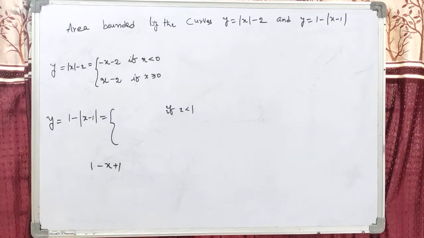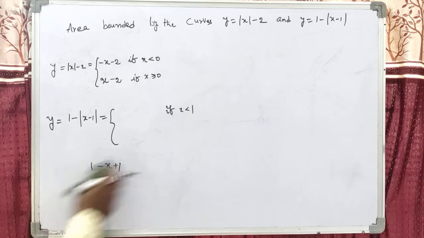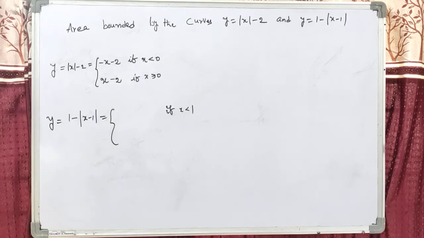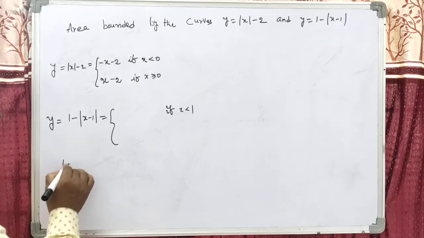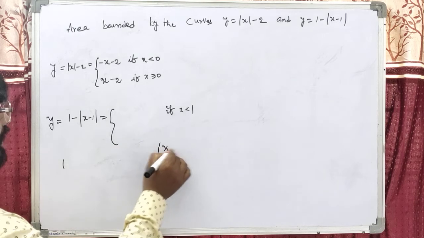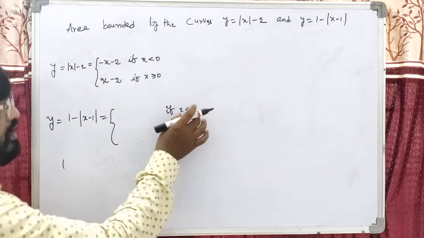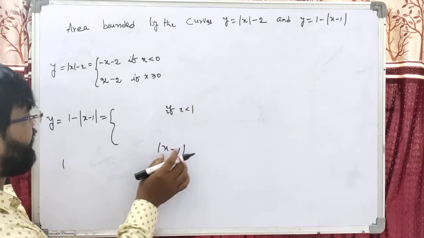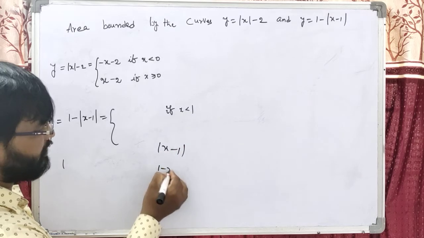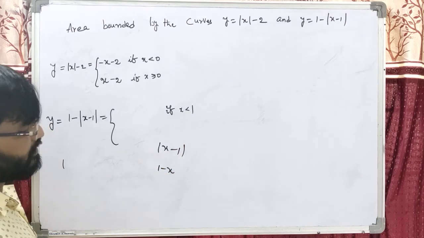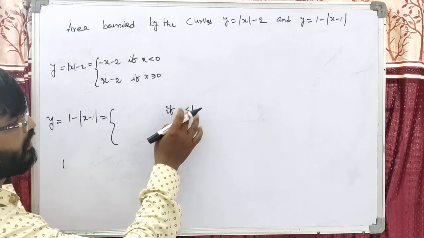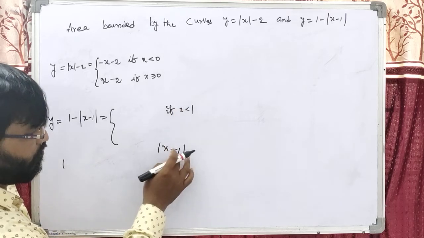So, dear students, there is a small mistake here. What is the mistake? This is minus of mod of x minus 1. If x is less than 1, then you can write this as 1 minus x.